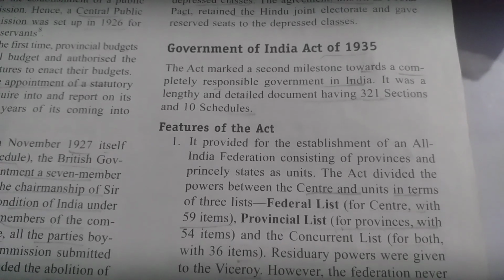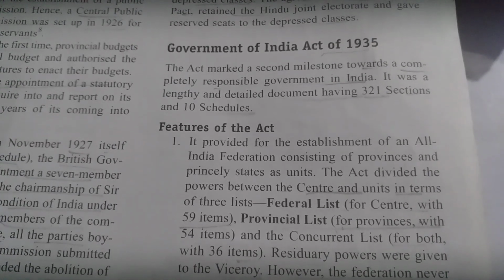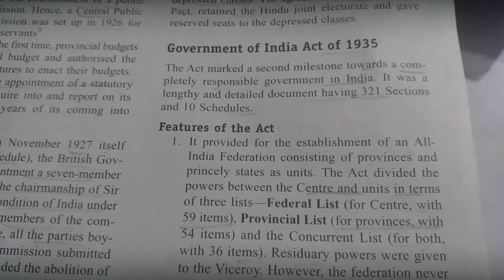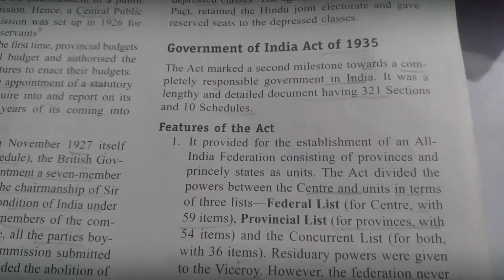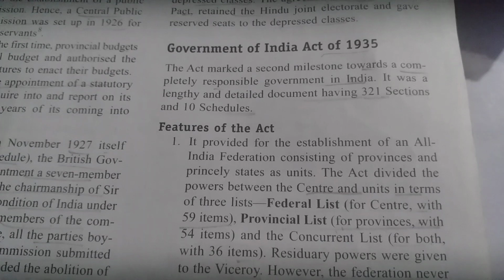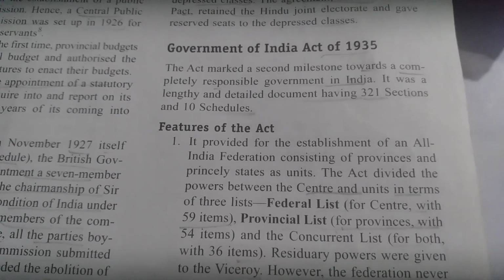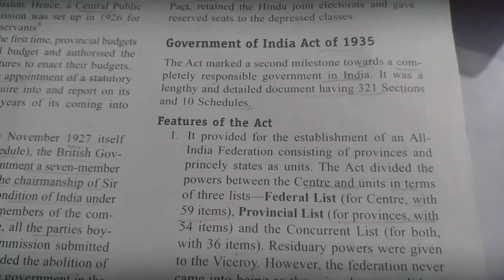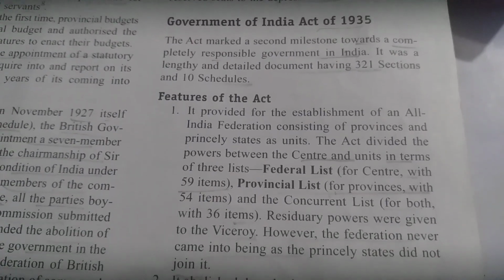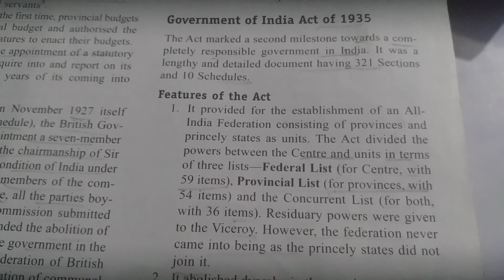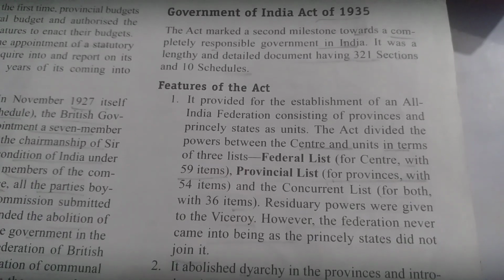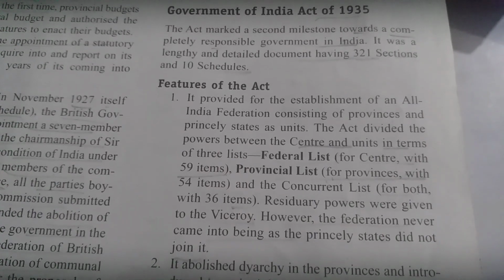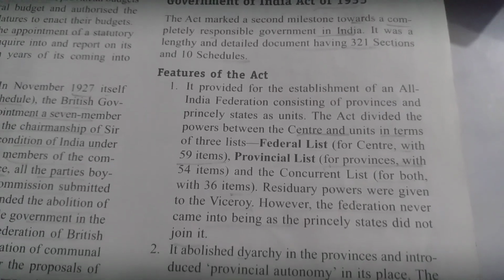First one is the federal list for the center with 59 items, the provincial list for provinces with 54 items, and the concurrent list for both with 36 items. Residuary powers were given to the Viceroy. However, the federation never came into being as the princely states did not join it.